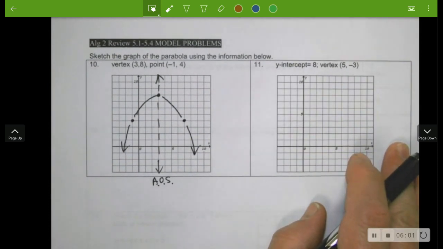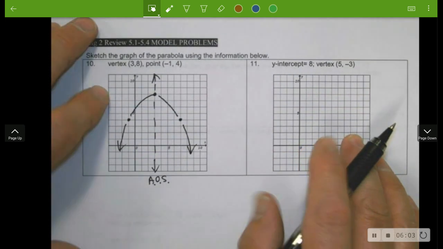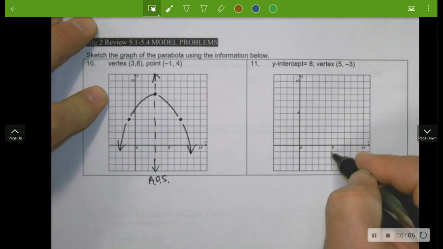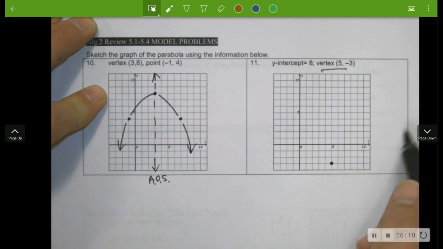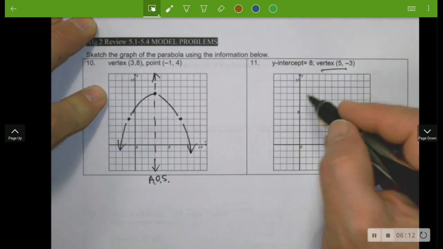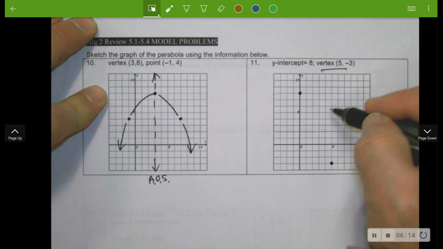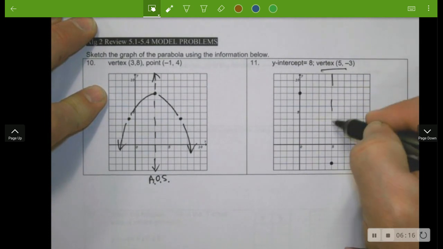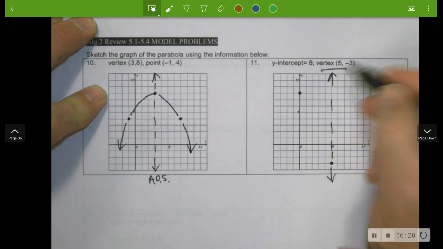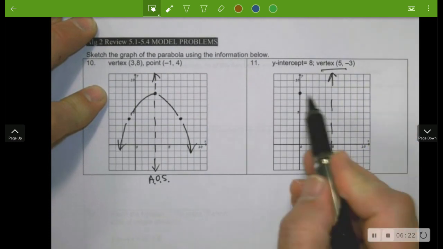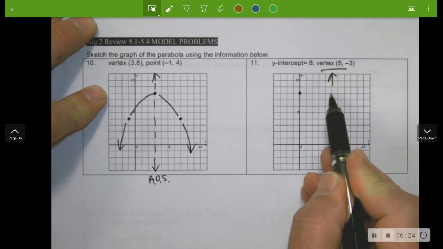Okay, similar example over here. They tell us the vertex is at 5, -3, right there, and that the y-intercept is 8. Now, when I draw the axis of symmetry through that vertex, then I'll be able to reflect this over to the other side, and this is 5 units away from the axis of symmetry.